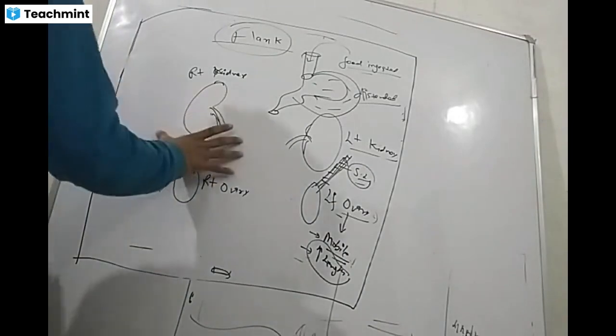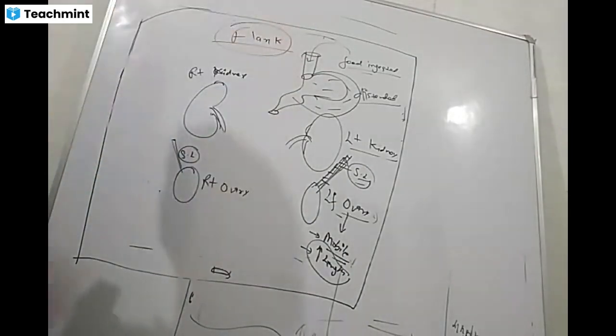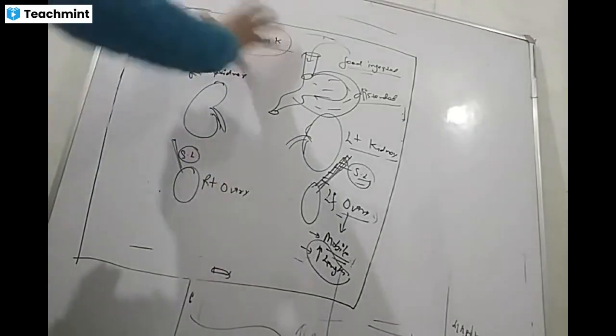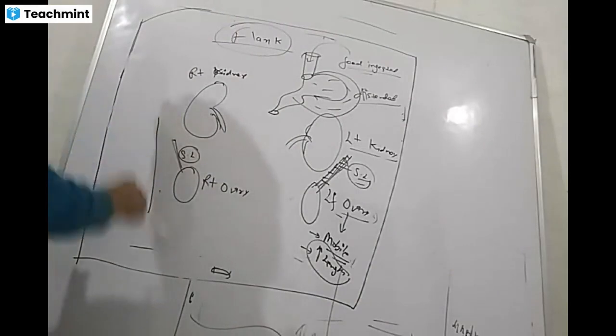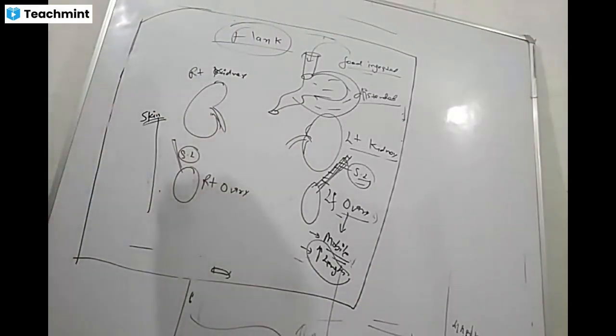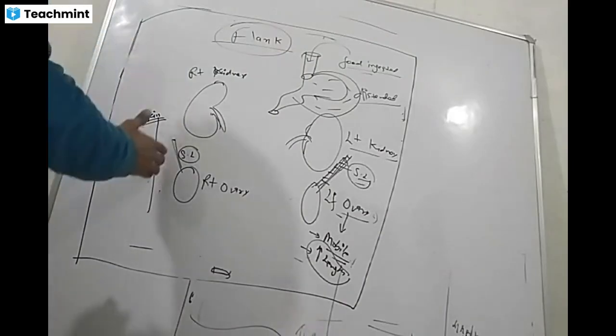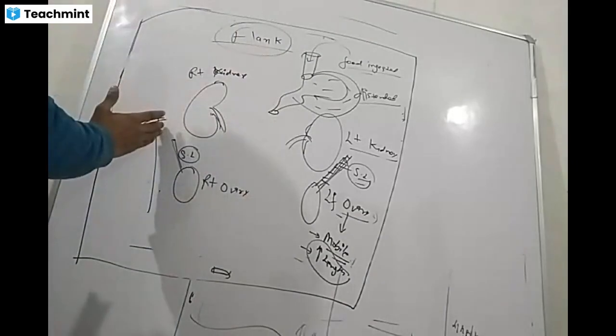Suppose this is the ventral of your animal, and this is the ventral midline approach, and this is the flank approach.